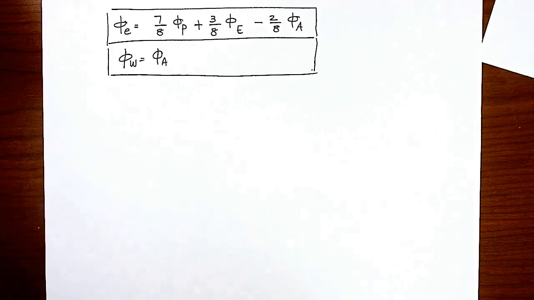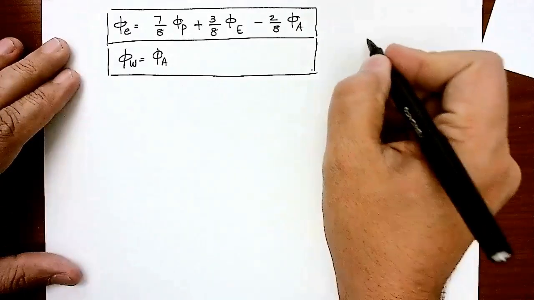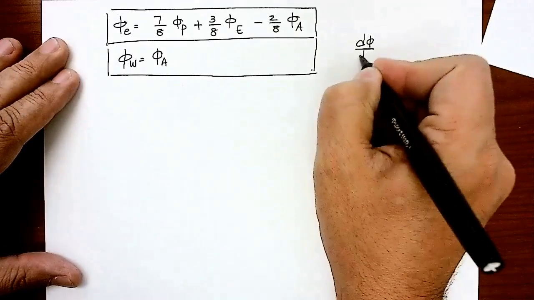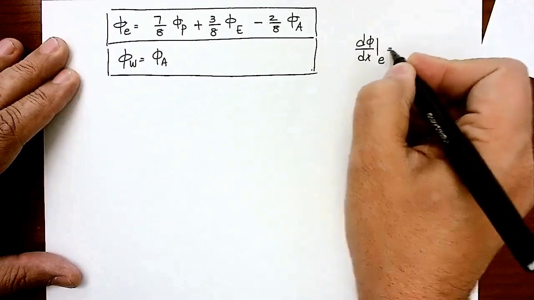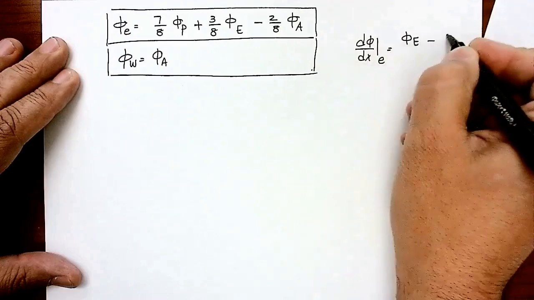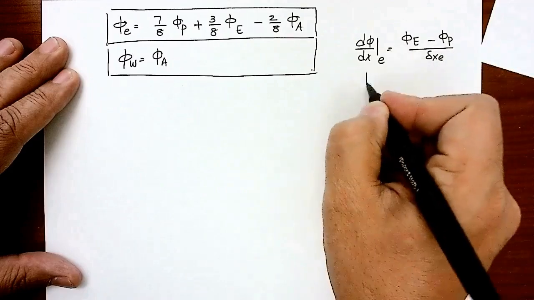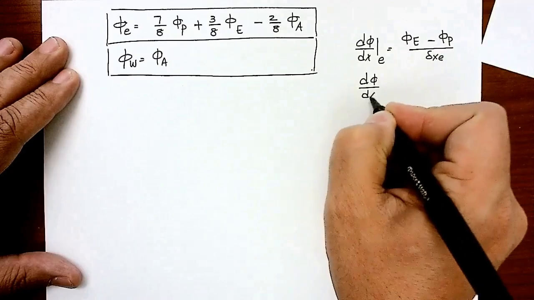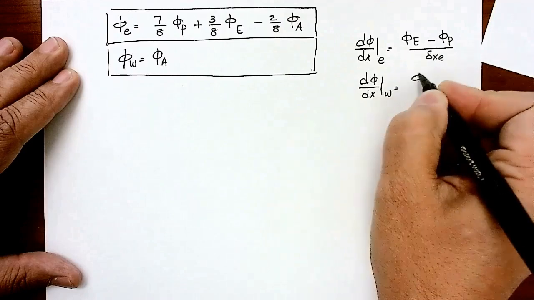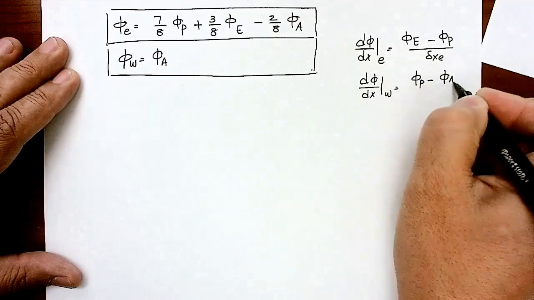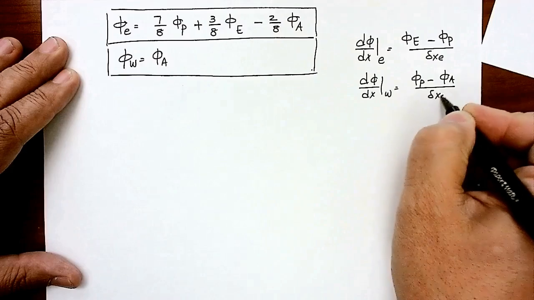So now we got the approximation here. Let me write down d phi by dx on the east face. We said this is going to be phi east minus phi p divided by delta x east. Then we said d phi by dx on the west face would be simply phi p minus phi a divided by delta x node, right?